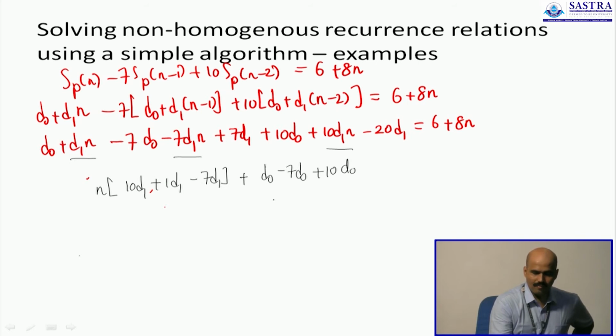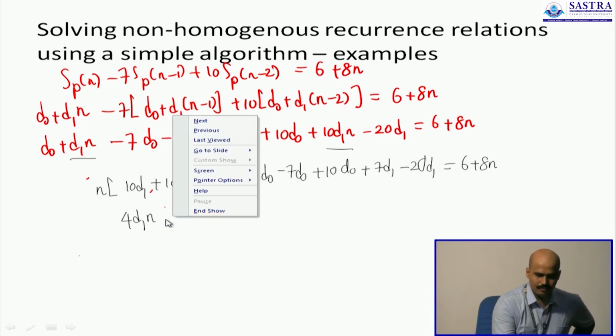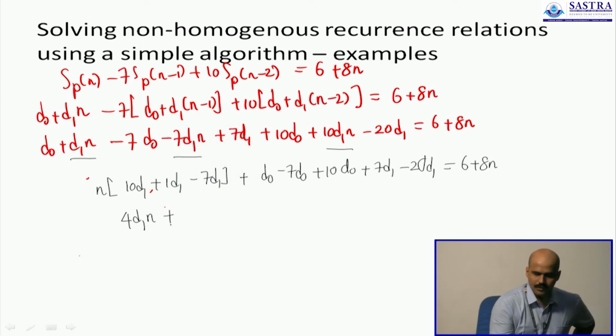You also have a 7 d1 and a 20 d1, all of them giving us 6 plus 8n. So simplifying, 10 plus 1 is 11, 11 minus 7 is 4 d1n, plus, once again look at these two, 10 plus 1 is 11, 11 minus 7 is 4 d naught, 7 minus 20 is minus 13 d1, giving us 6 plus 8n.